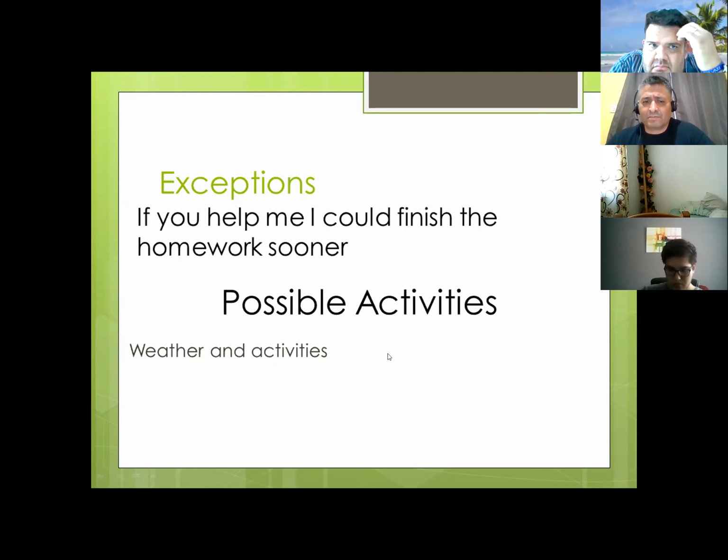Exceptions. We have an example of this: if you help me, I could finish the homework sooner. In this case, we use could. And in the other case, the principal word is will, to say a possibility in the future.